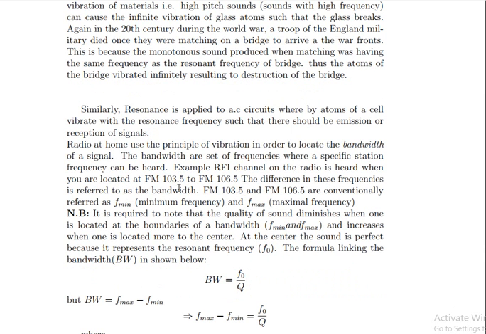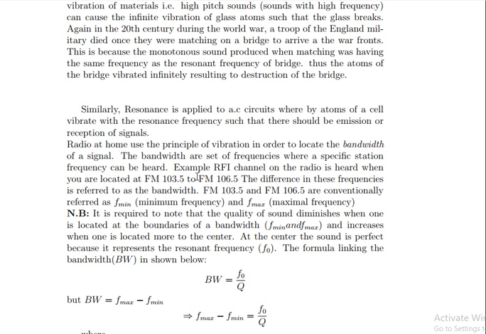So we need to first point out that there first exists a bandwidth within which our radios are going to receive certain signals. Let's say RFI is an example. RFI usually has a bandwidth from FM 103.5 to FM 106.5. That bandwidth is going to be 106.5 minus 103.5.